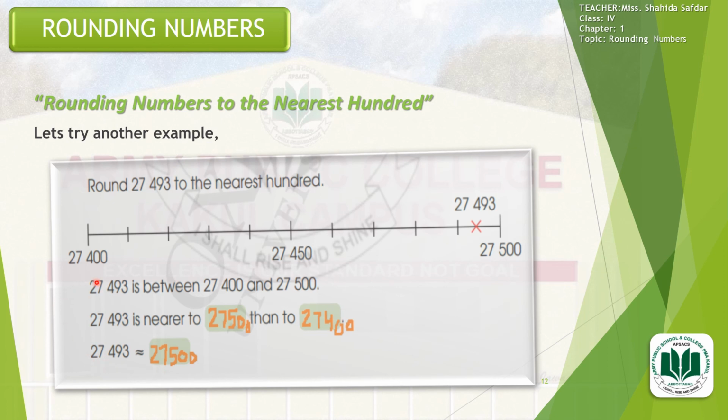So when we round the number 27,493 to nearest hundred, our answer will be 27,500.